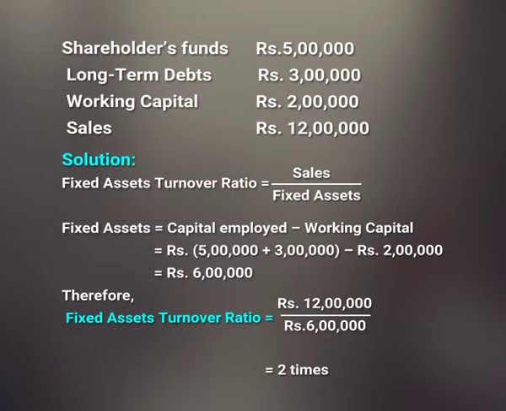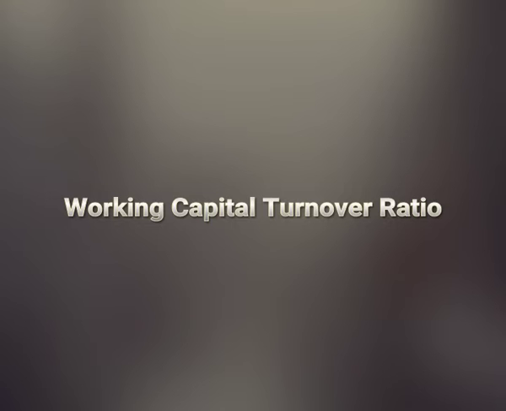So, fixed assets is equal to capital employed minus working capital, thus which is equal to rupees 5 lakhs plus 3 lakhs minus rupees 2 lakhs, which is equal to rupees 6 lakhs. So, therefore, fixed assets turnover ratio is equal to 12 lakhs divided by 6 lakhs, which is equal to 2 times.